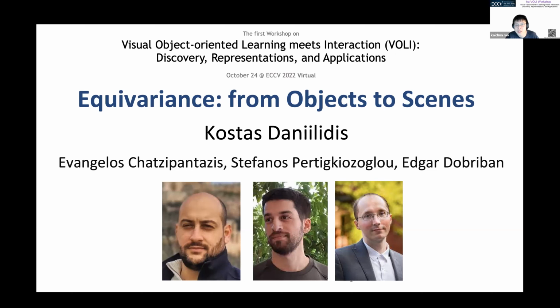More recently, his main research interests focus on deep learning of 3D representations, data association, event-based cameras, semantic localization and mapping, and vision-based manipulation. Today we'll be hearing from Kostas on equivariance from objects to scenes. Take it, Kostas.